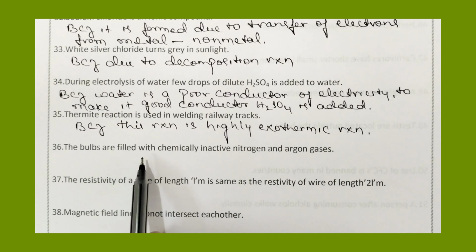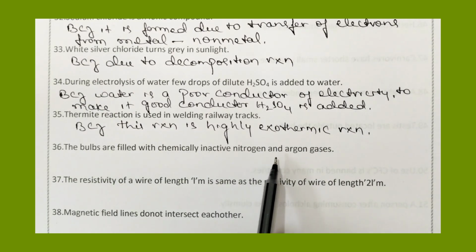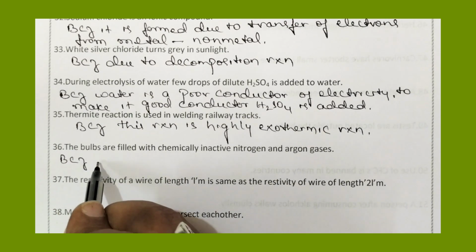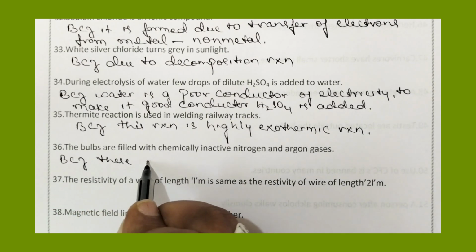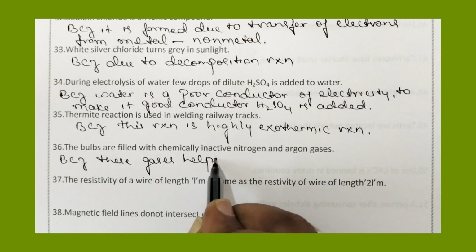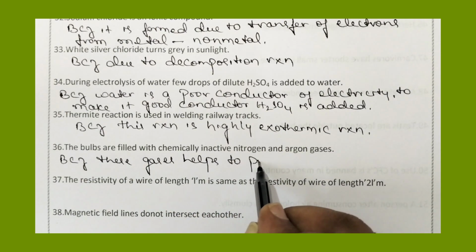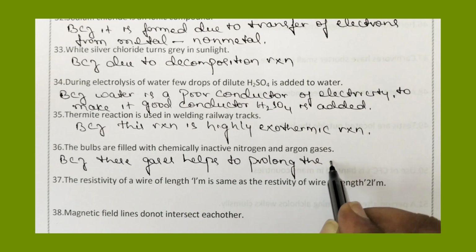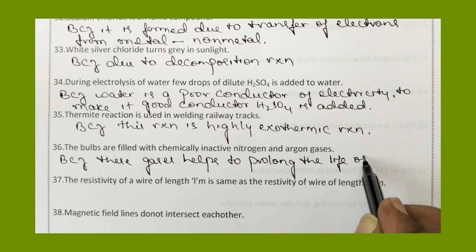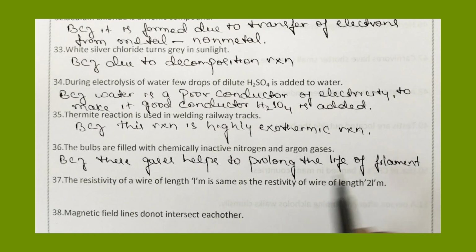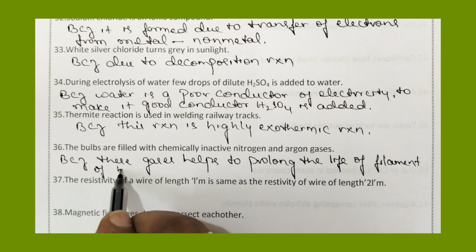The bulbs are filled with chemically inactive nitrogen and argon gases, because these gases help to prolong the life of the filament of the bulb.